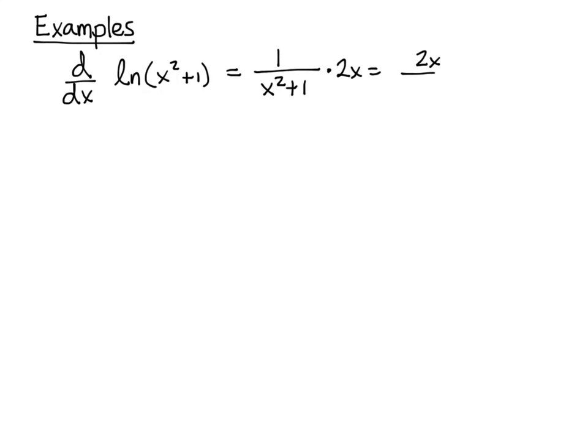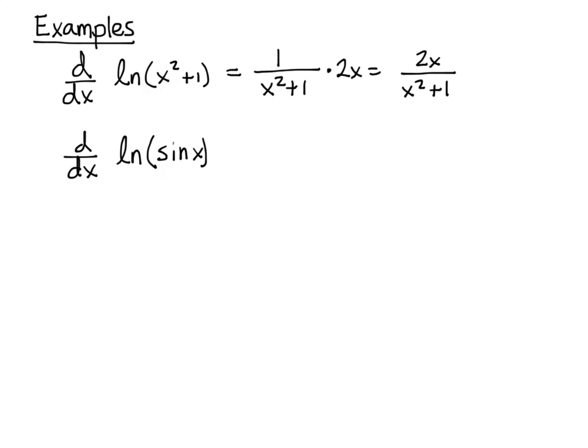And so I'll rewrite that to be 2x over x squared plus 1. Okay? Everybody follow that? Now this is going to be a pattern. We're going to take whatever's inside the argument for the log and start off with just the reciprocal of that. And then by chain rule, we're going to take the derivative of this thing and multiply it by the reciprocal of that function.